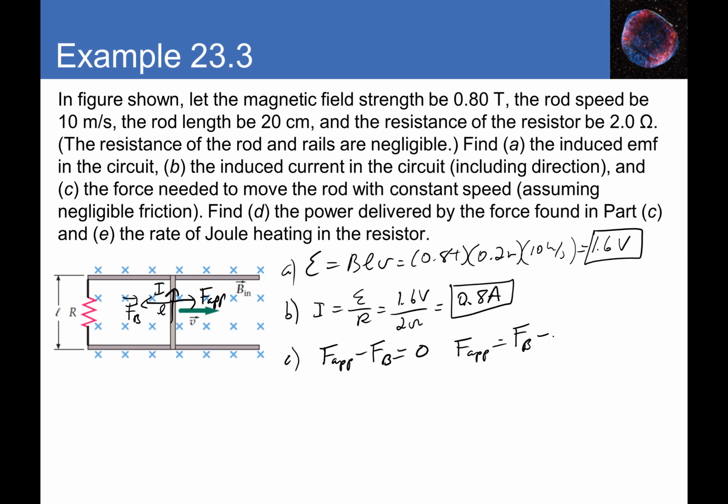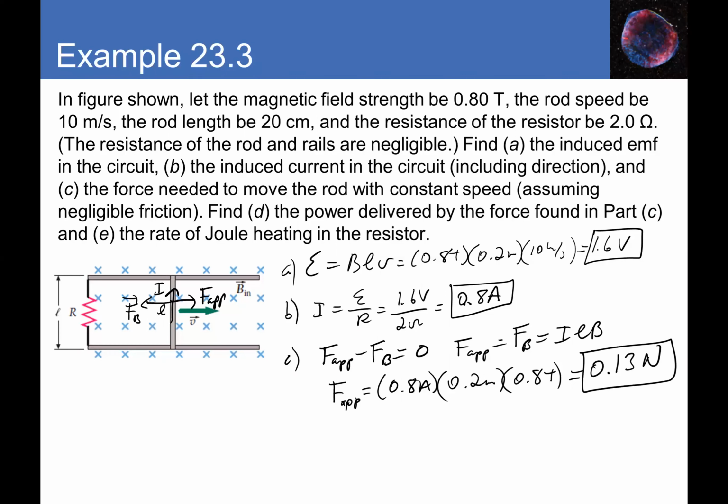Okay, and the magnetic force was I times L times B. That means I can calculate this applied force from the magnetic force, and this is current 0.8 amps times the length 0.2 meters times the magnetic field strength, which is 0.8 Tesla. All right, so we're going to get 0.13 newtons for that applied force.